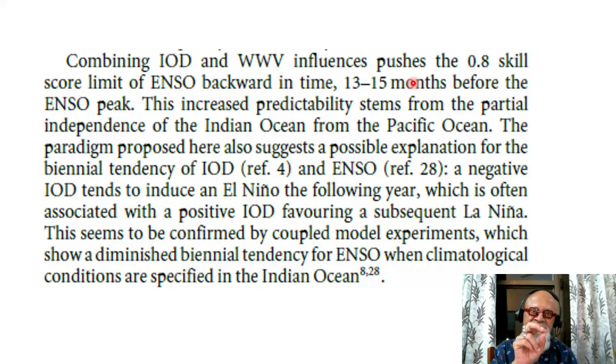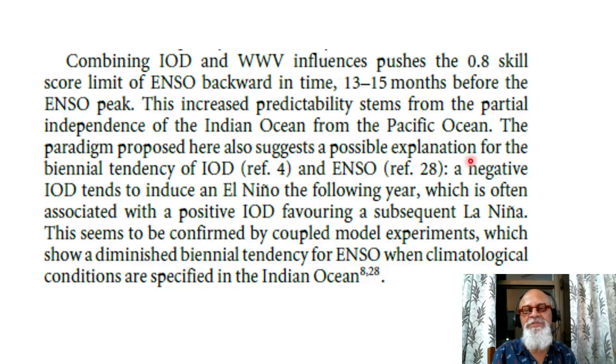There is a spring predictability barrier, which prevents us from having high skill if you go for more than 9 months lead time. And the claim here is that IOD and the warm water volume can push this skill of 0.8 beyond 9 months into 13 to 15 months before the ENSO peak.